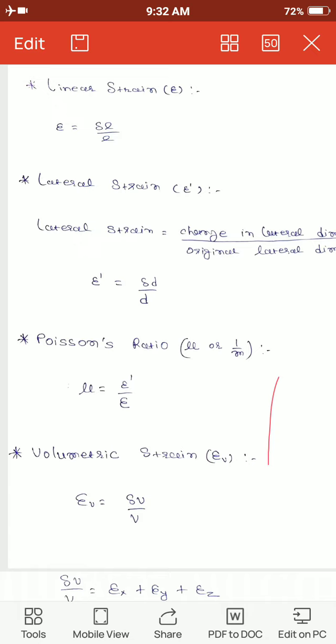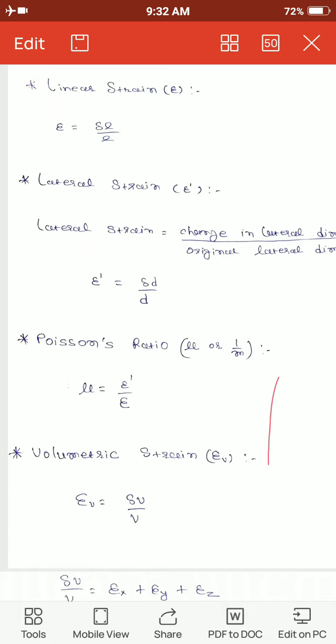If we have a bar and we apply force along its length, then the change in length upon original length is known as linear strain, and the change in diameter upon original diameter is known as lateral strain, epsilon dash. The ratio of lateral strain upon linear strain is known as Poisson's ratio.